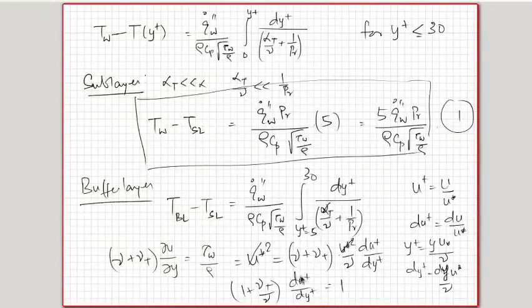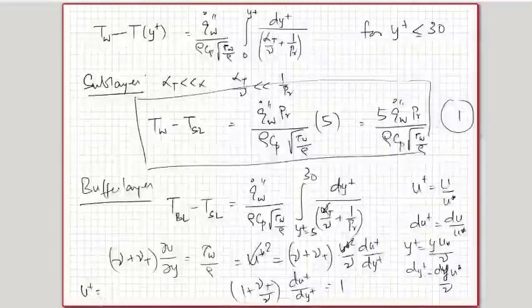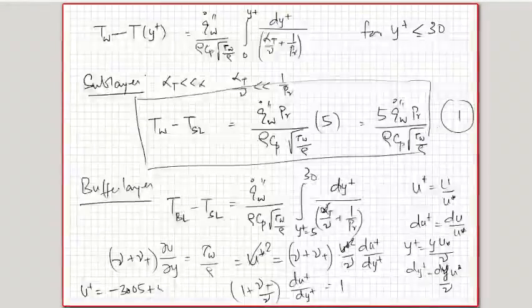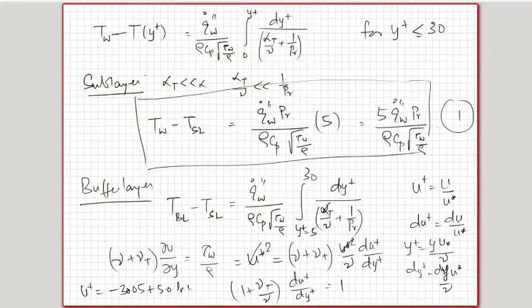Okay, now du plus by dy plus I can get from the von Karman's profile. U plus in the buffer layer, U plus is equal to minus 3.05 plus 5.0 ln Y plus. So if I differentiate this, I'll get 5 divided by Y plus. So this is du plus by dy plus, is 5 by Y plus.